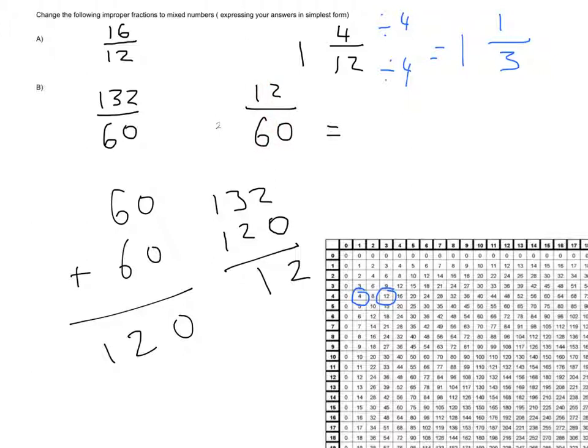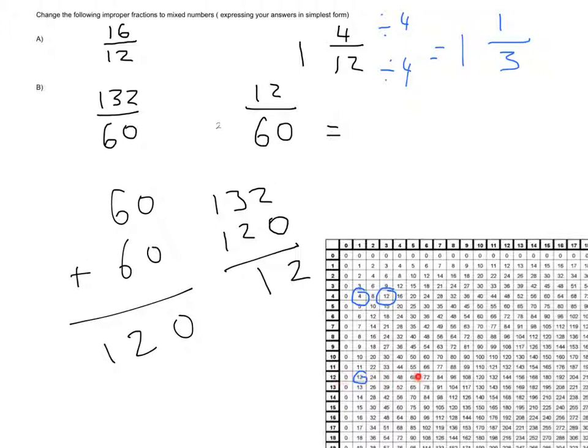Well, if we now look at our times table, we can see that there is a number 12 down here. 12 times 1 is 12. And also, if we go along, remember we have to find the numerator and the denominator in the same row or the same column.